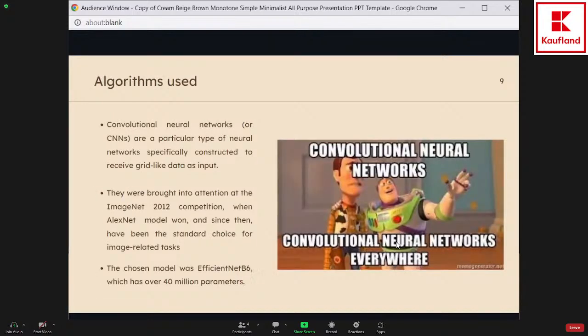Now we proceed to talk about the algorithms. I like this picture because it's very suggestive of the way CNNs are used these days. Were used, because they are used everywhere because of their results on ImageNet. Since AlexNet won the ImageNet competition, there are countless CNN-based models to choose from.